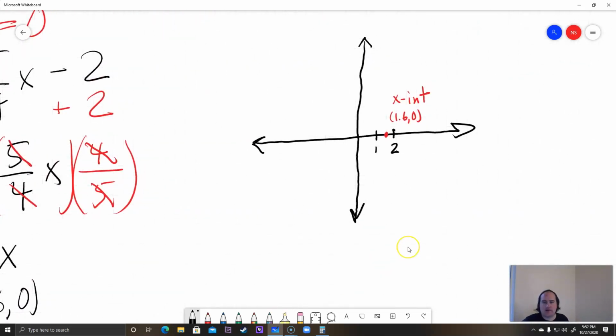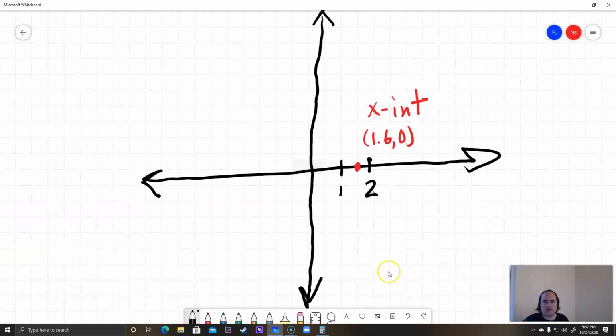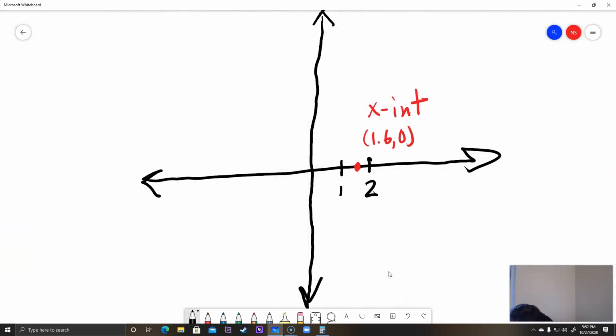Okay, so let's go ahead and graph this. So x is 0 and y is negative 2, so I'm going to be going down 2 on the y-axis. So here's negative 1, here's negative 2. And then our y-intercept is going to be right there.